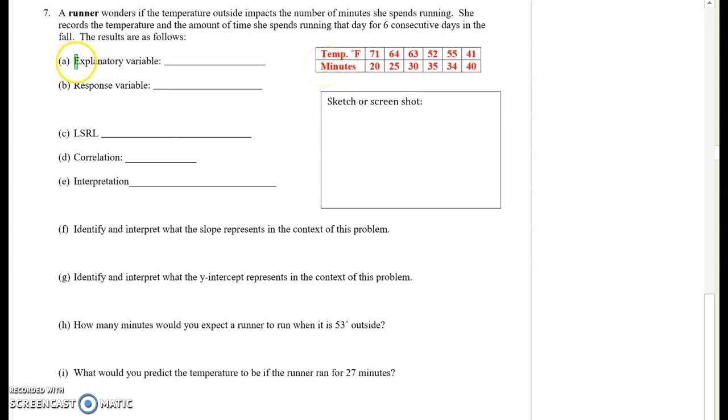The first thing is identify the explanatory variable. The explanatory variable is always your x variable, and it's always going to be in the top of your table, or on the left if it's a vertical table. Okay, so the explanatory variable here is temperature in degrees.